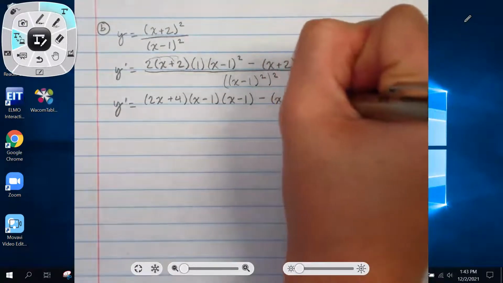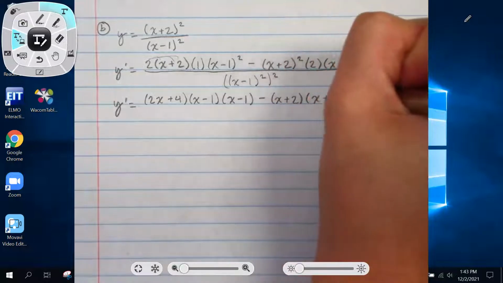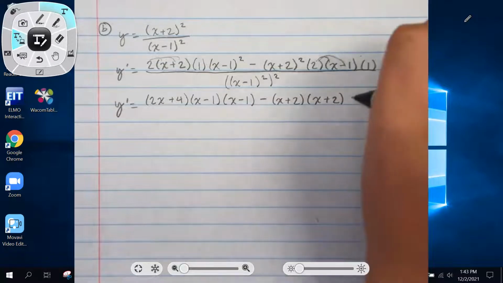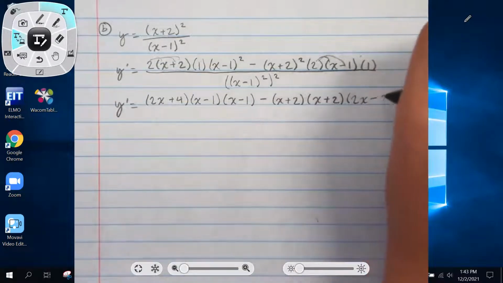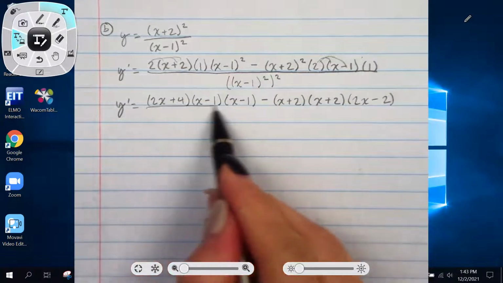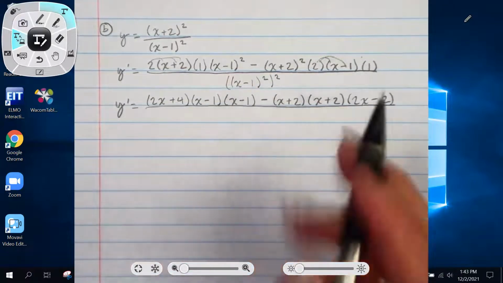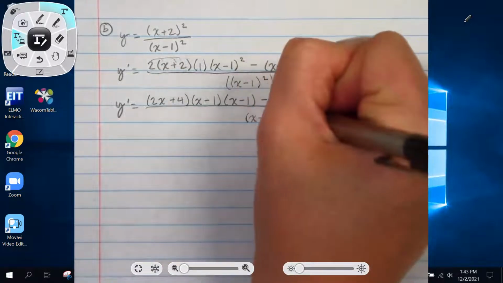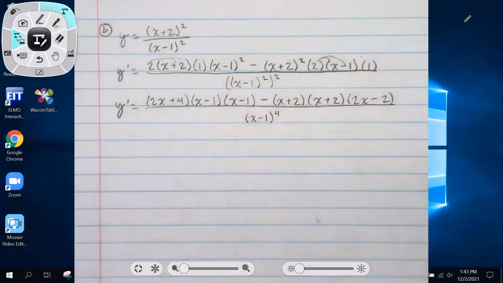So that's x plus 2 times x plus 2. Distribute the 2 here. We get 2x minus 2. Ignore the 1. And the denominator, x minus 1 squared, squared, is x minus 1 to the 4th power.